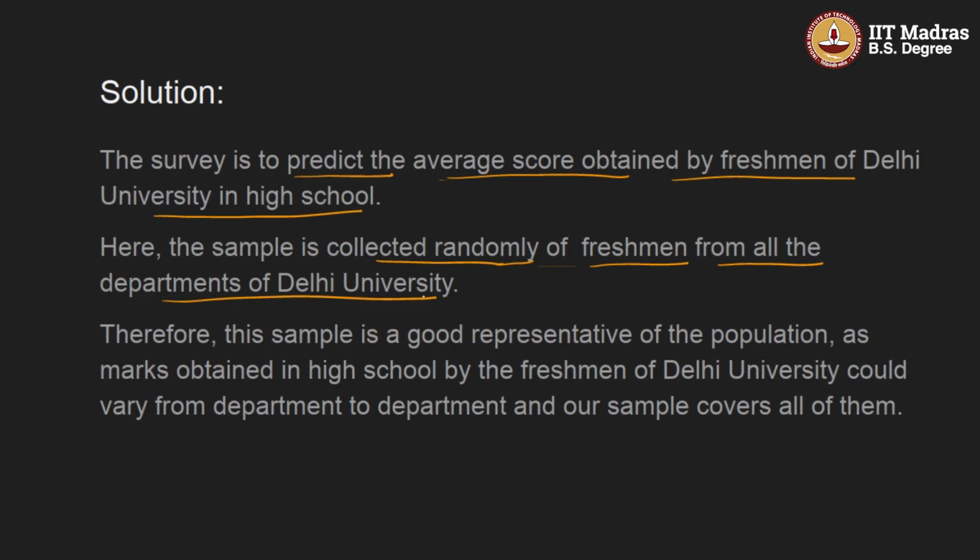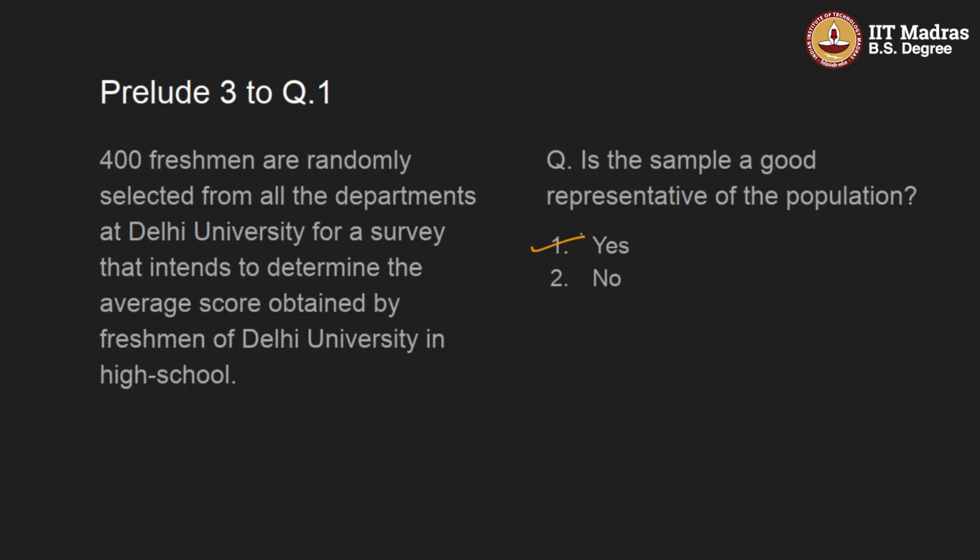So we can say that our sample will be a good representative of the population, because the marks obtained in high school by the freshmen of Delhi University can vary from department to department. Here our sample consists of freshmen from different departments, so it is covering students from all the different departments. So our sample will be a good representative. So option yes will be correct.